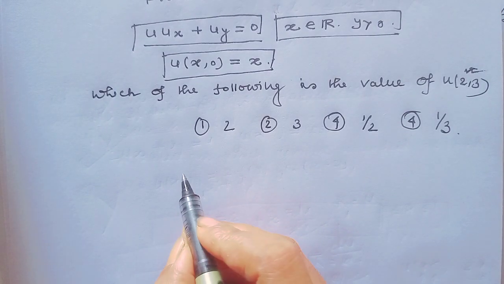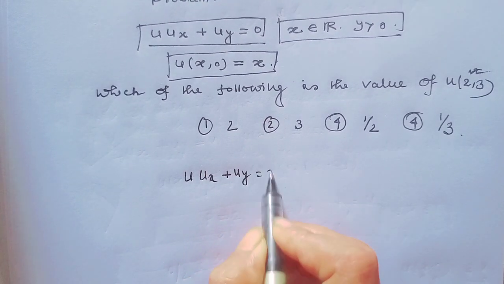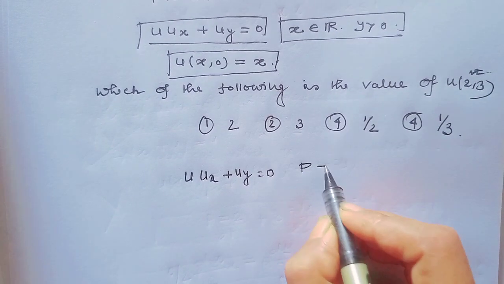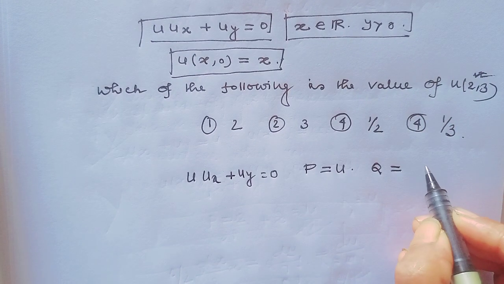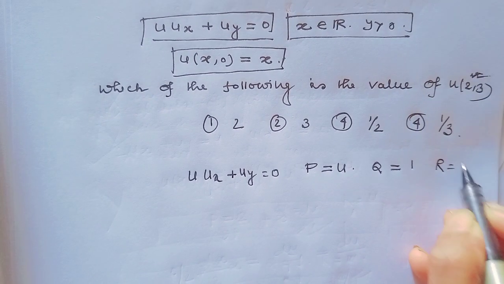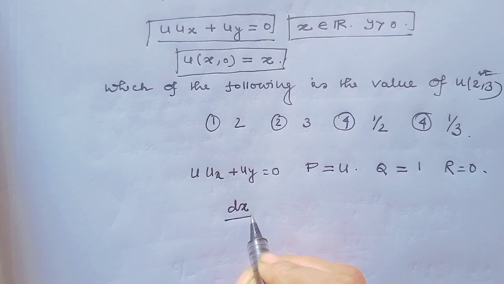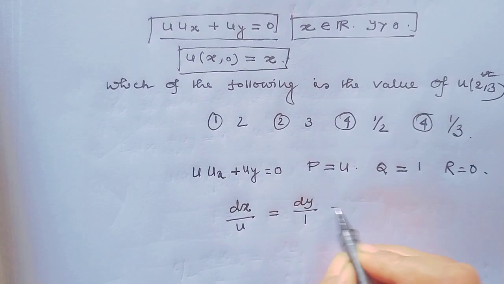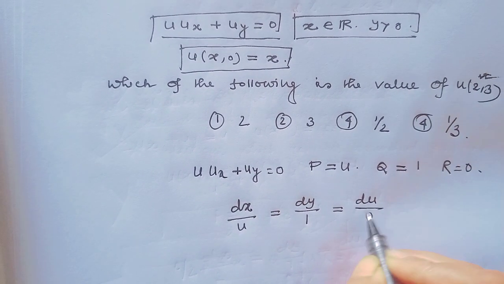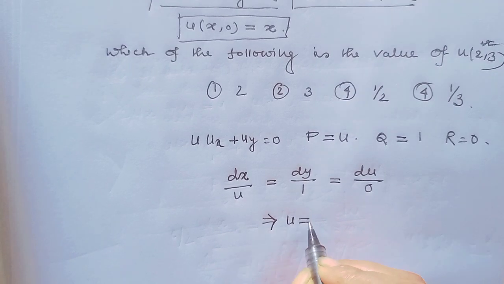Notice here the equation u u_x plus u_y equal to 0, that means p equal to u, q equal to 1 and r equal to 0. So the Cauchy characteristic equations: dx by u, dy by 1 and du by 0, that implies u is equal to c1.